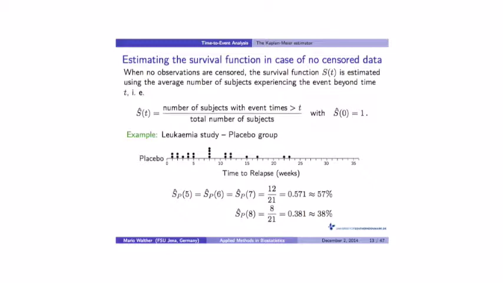In this case, there are again 12 patients who relapsed after 6 weeks, and in total we have 21 patients under observation. So the survival probability at 6 weeks is the same as at 5 weeks, because at 6 weeks no event occurred, no patient relapsed. And it is the same for week 7.